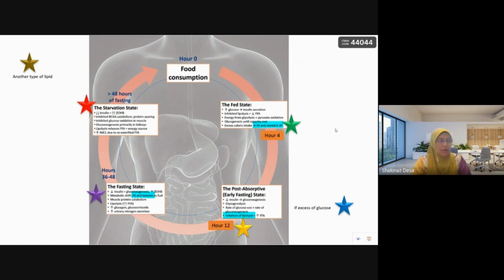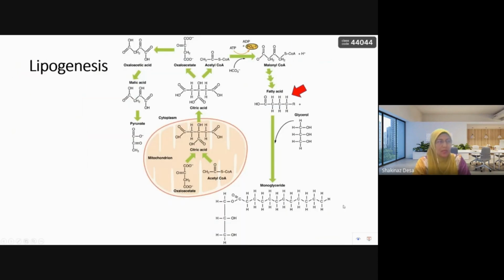But what if kita ada excess of glucose? Kita makan lebih pula hari ni. Contoh macam hari raya. Hari raya ke hari yang tak raya pun, kita ada excess of carbohydrate. What would happen to the body? So I'm going to click to this pink pula, warna apa ni, biru. That is where we are going to form lipid ataupun form the fatty acid tu.